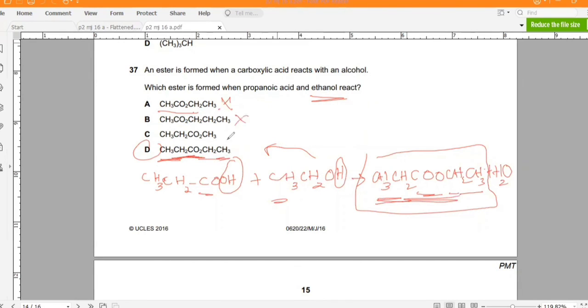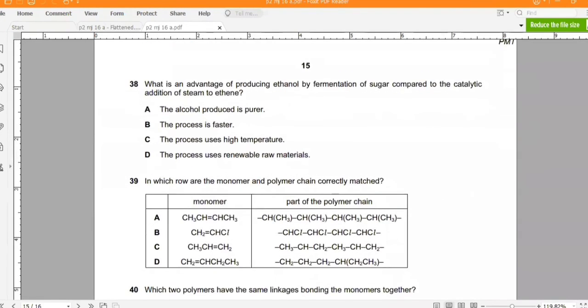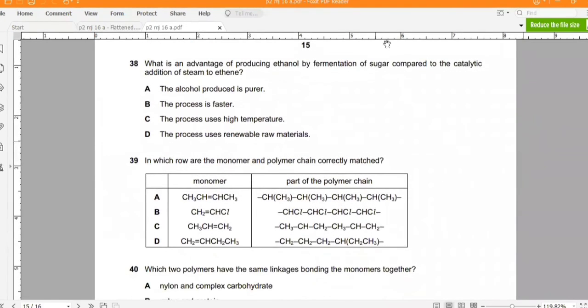Okay, B is wrong, C is also wrong. The right option, this is called an ester. This ester will be formed. So the right option is actually D. Okay, in this way you can get the ester. Now 38. What is the advantage of producing ethanol by fermentation of sugar compared to the catalytic addition of steam to ethane?